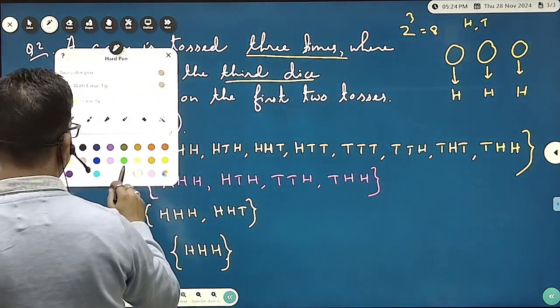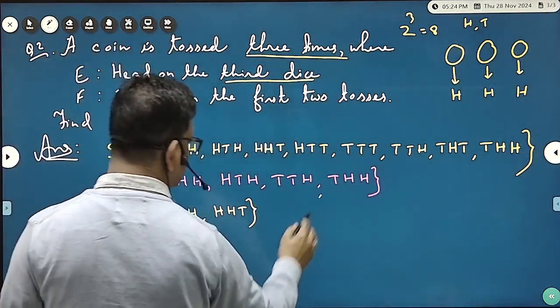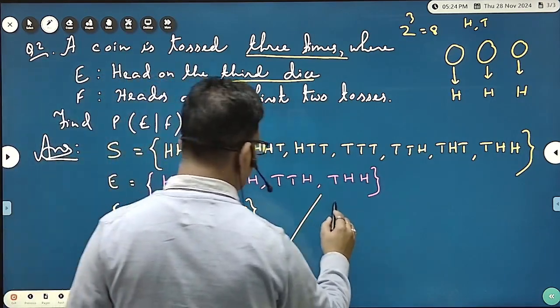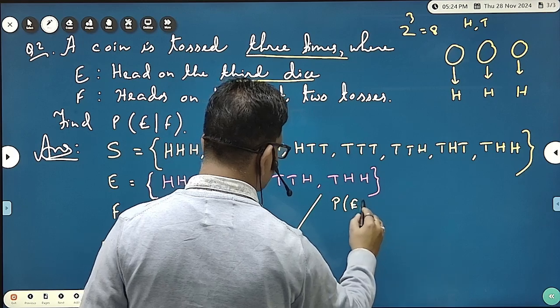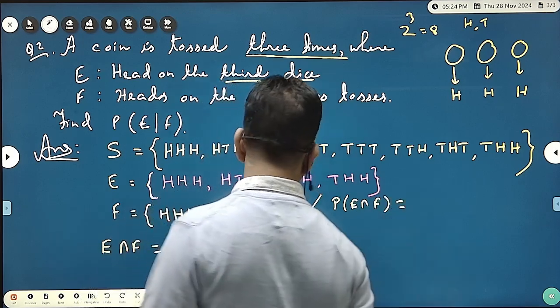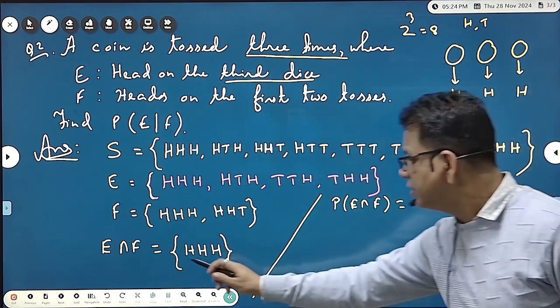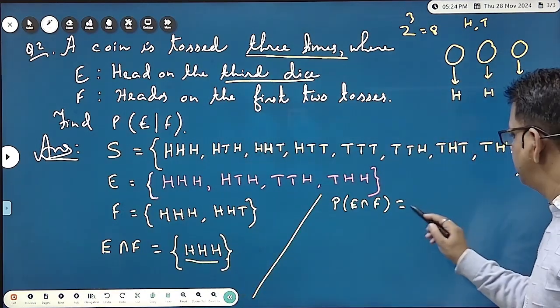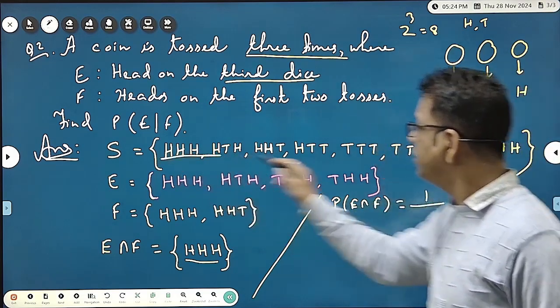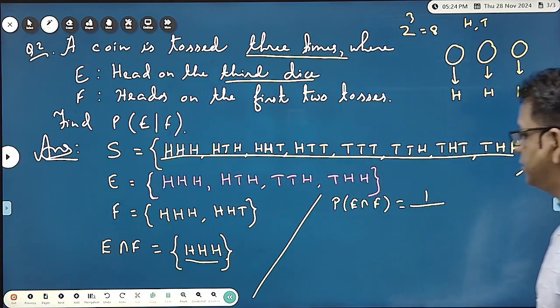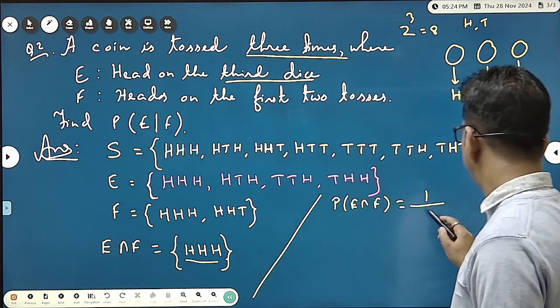If I now try to get the answer for the probability, what is the aim now? We should find the probability of E intersection F. How many outcomes do we have? Only one. Out of total how many outcomes? 8. Total 8 outcomes. So it will be 1 by 8.